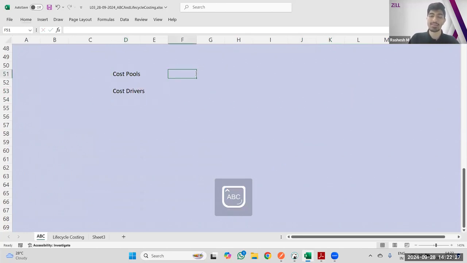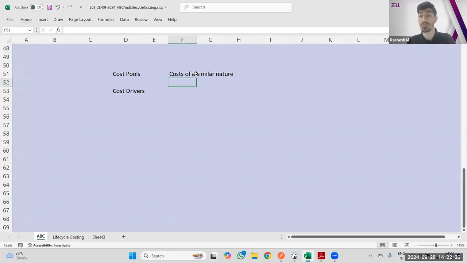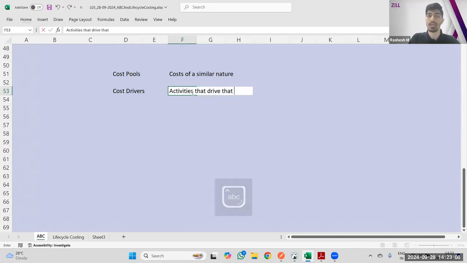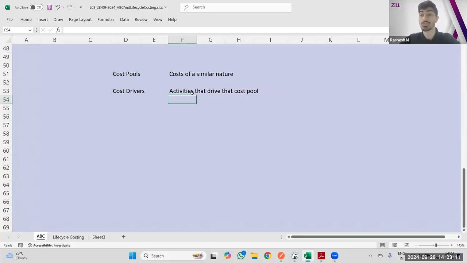Cost pools, guys, are nothing but costs of a similar nature, which means if I know that everything, for example, say I'm a delivery business.